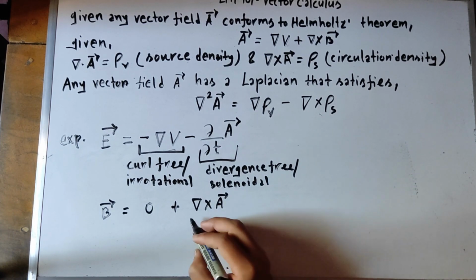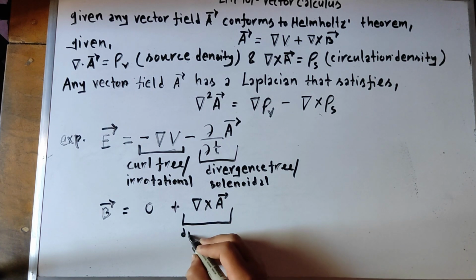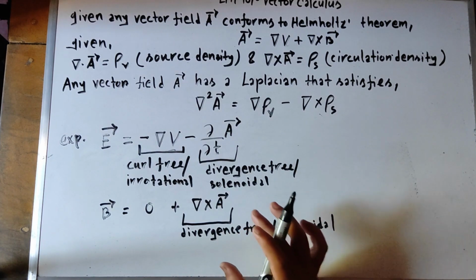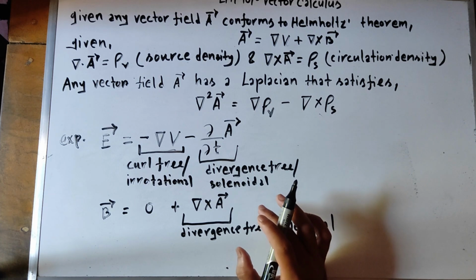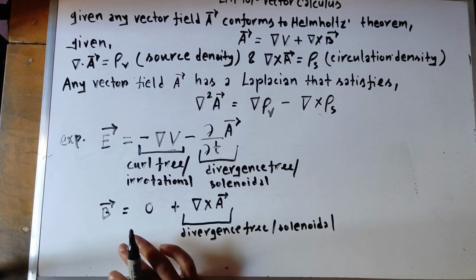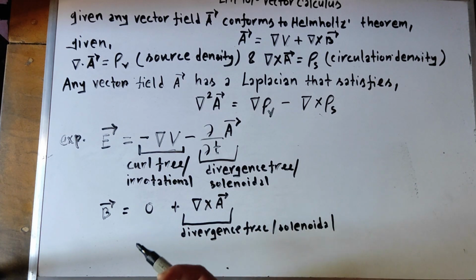the magnetic field only has the divergence free component. So it's always the case for magnetic fields. If we observe it carefully, magnetic fields are generally generated by currents and have no sources or sinks.